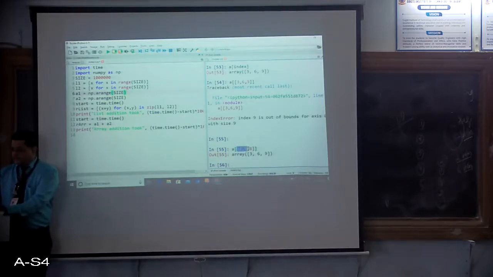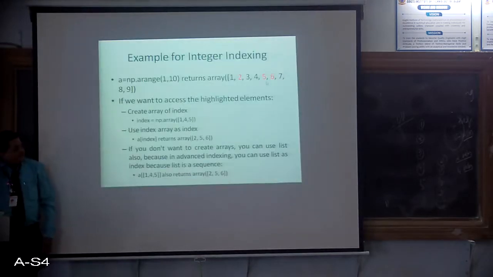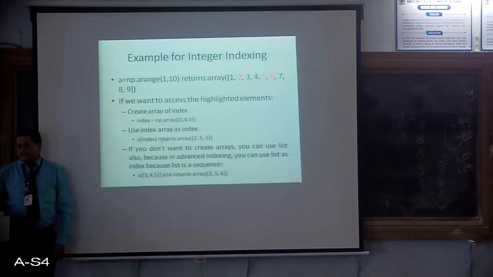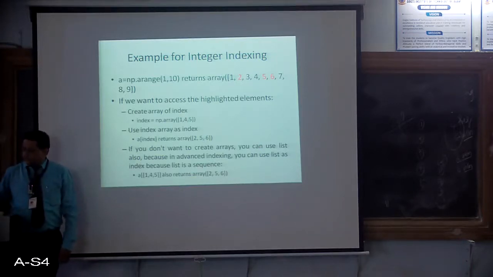Observe that this is a Python list, whereas this is a NumPy array. So integer indexing is simply: create an array of indexes, and use the index array as an index over the NumPy array to retrieve the specific elements that you want.